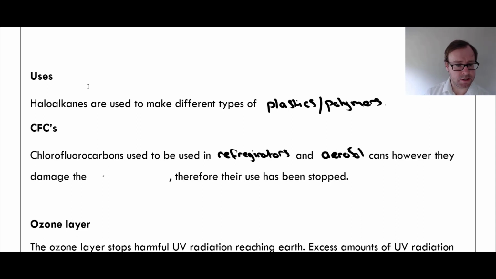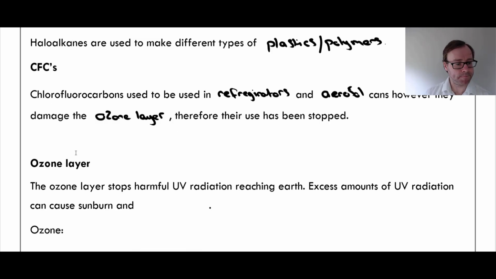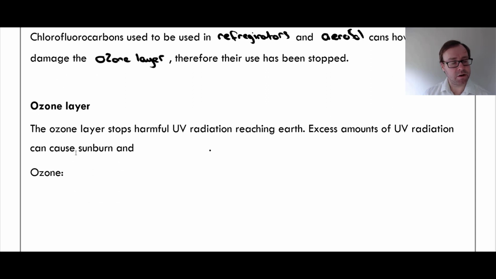However, they damage the ozone layer, therefore their use has stopped, and their use has stopped from the Montreal Protocol Act. So the ozone layer stops harmful UV radiation reaching Earth. Excess amounts of UV radiation can cause sunburn and mainly skin cancer, but lots of different types of cancer.